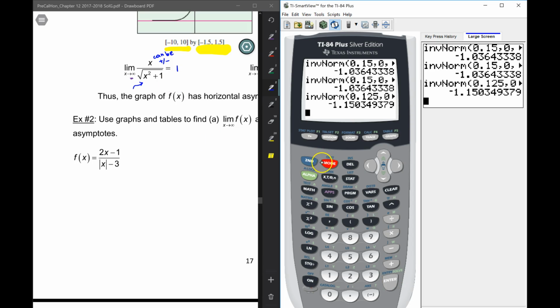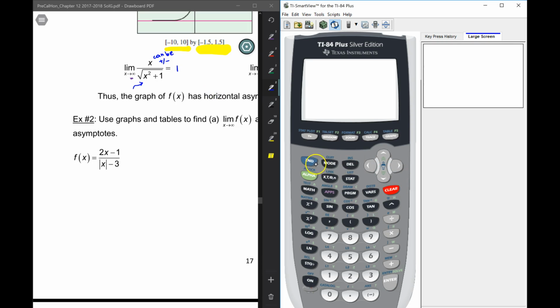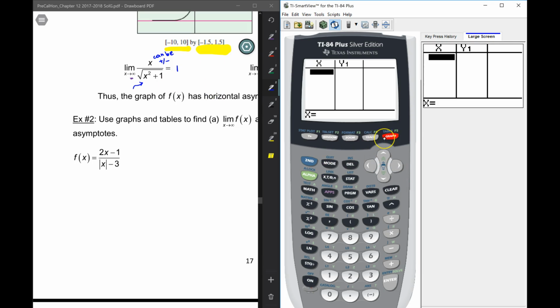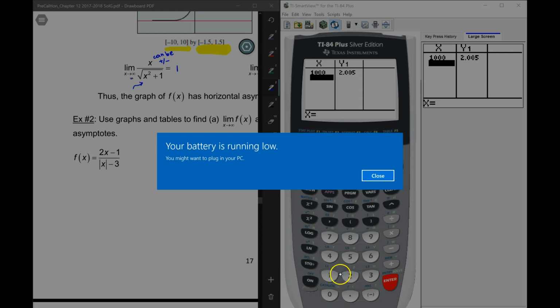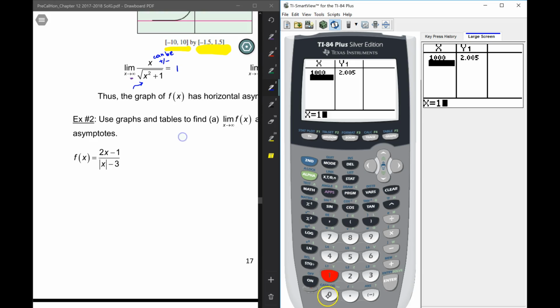Now, when I go to second table, it lets you put in values for x and it'll give you the values for y. So for example, I can put in 1,000. I can put in 10,000 or whatever, lots of zeros, right?